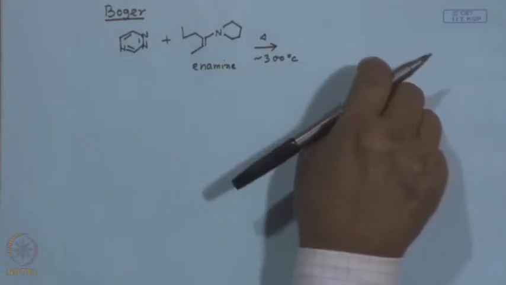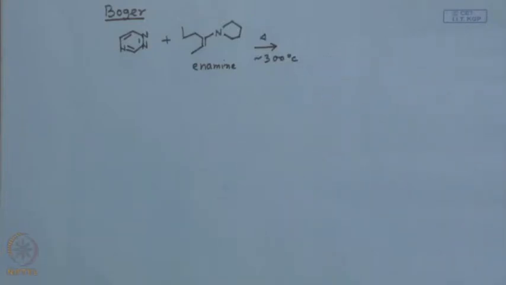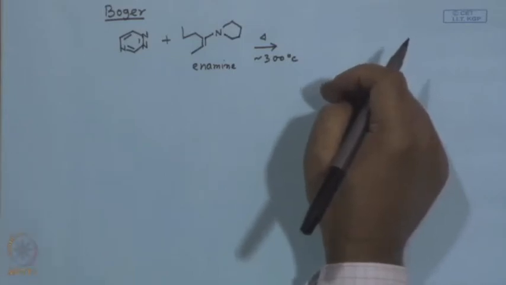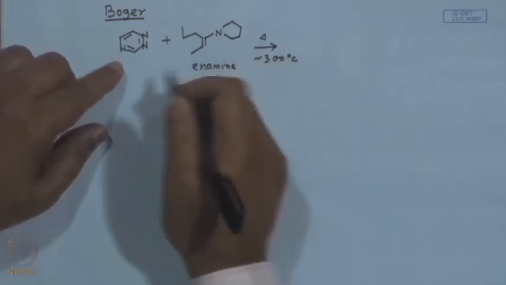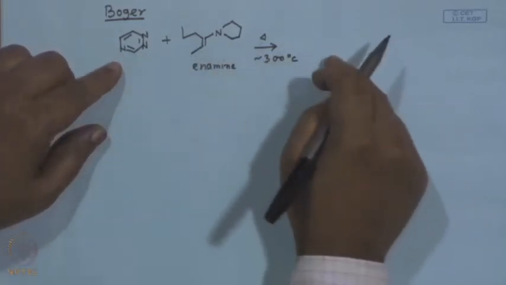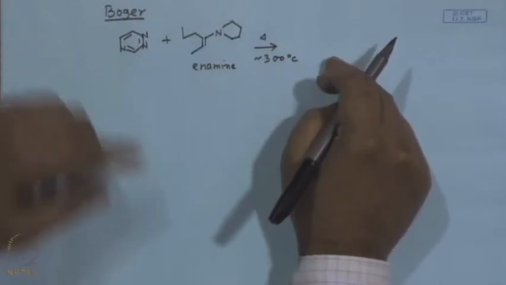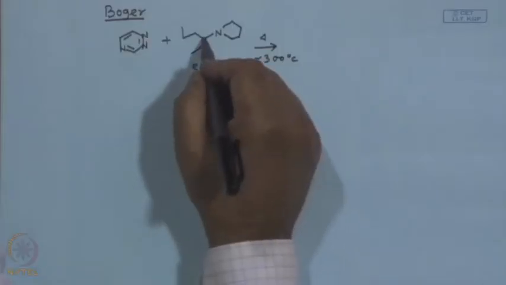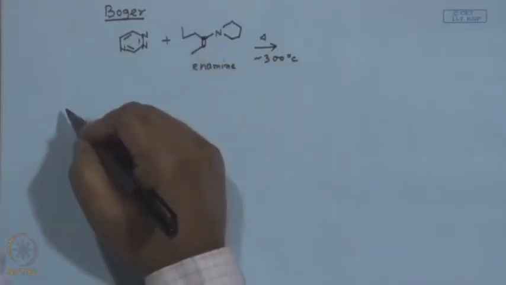Now, the question is, if you add this, what should be the structure? How do we find out the structure? See, these are the 2 carbon atoms, right.